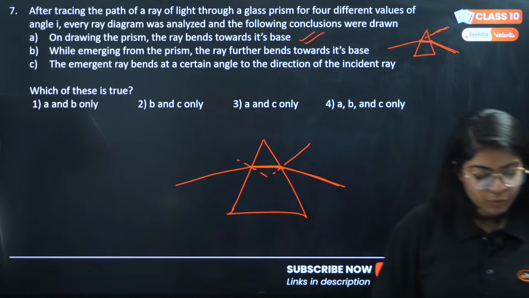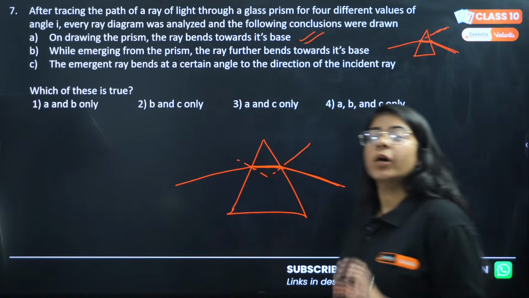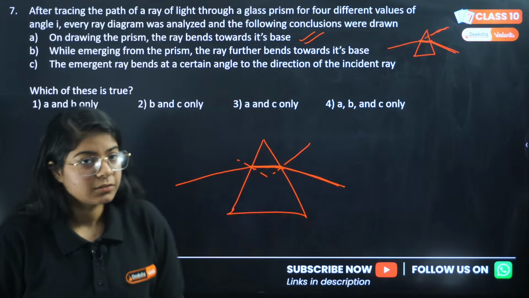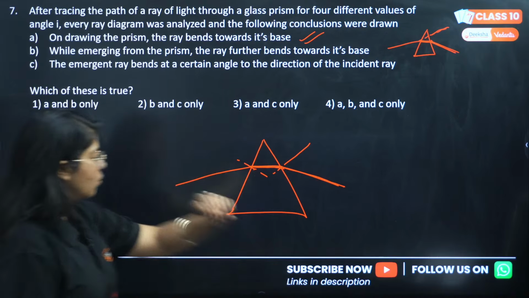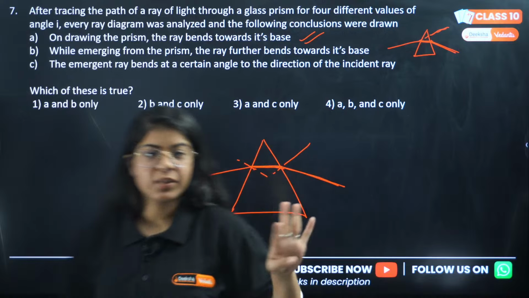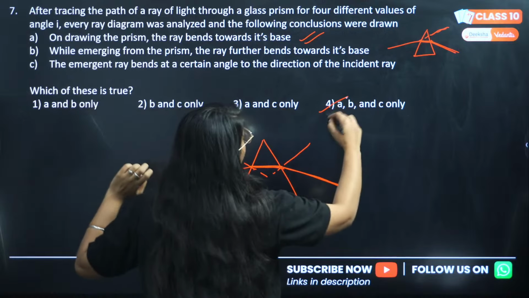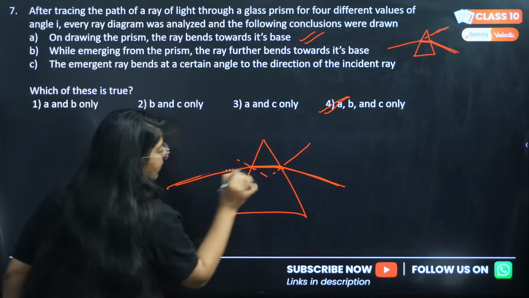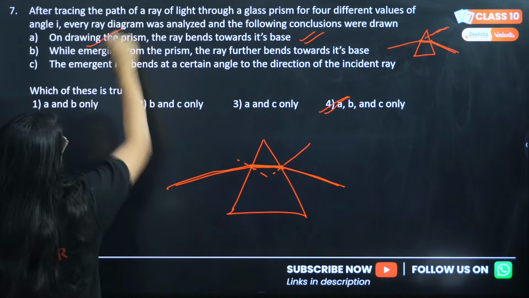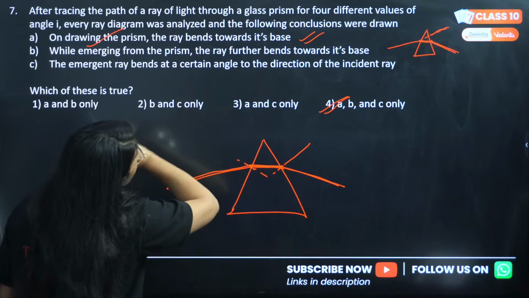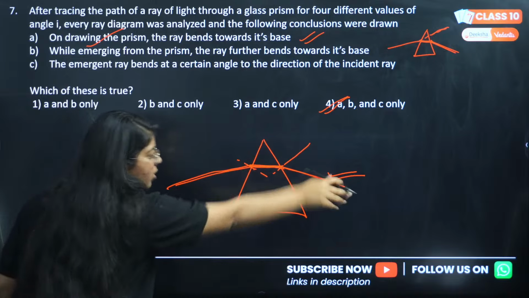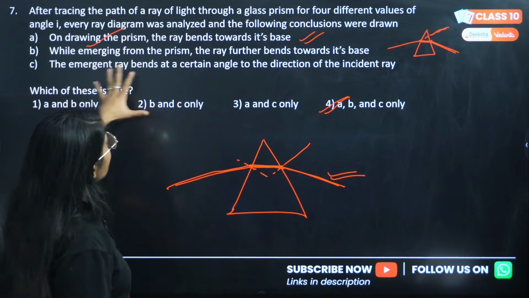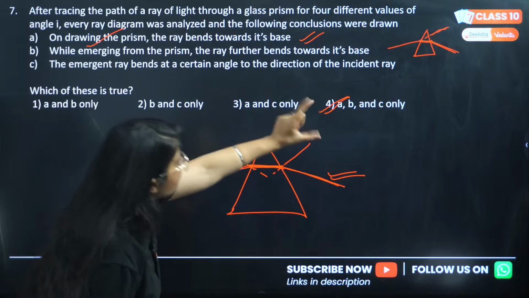Now I told you what kind of path the ray follows when it enters the prism and goes out. Okay, actually the answer is all of these are correct. How? We have seen that the ray is coming and it bends towards the base, so the first is correct. While emerging from the prism, the ray further bends towards the base, that is also correct. Then the emergent ray bends at a certain angle to the direction of the incident ray.